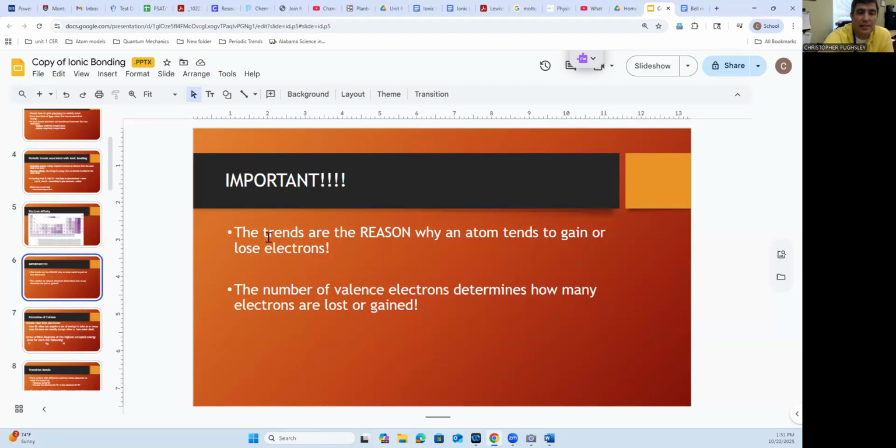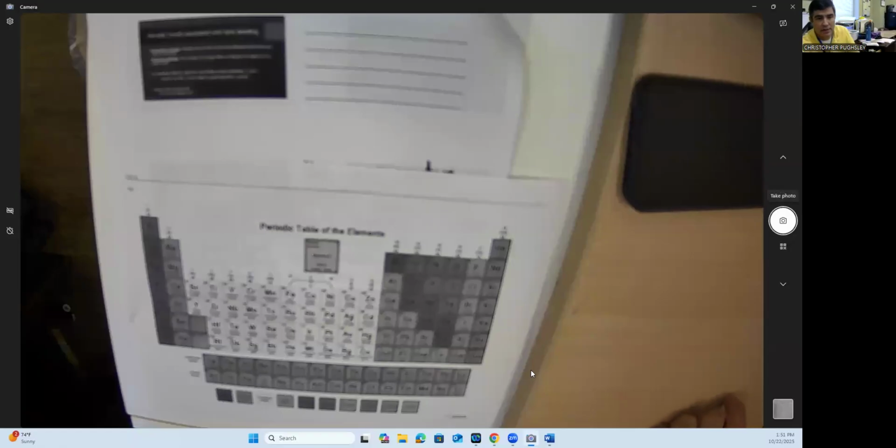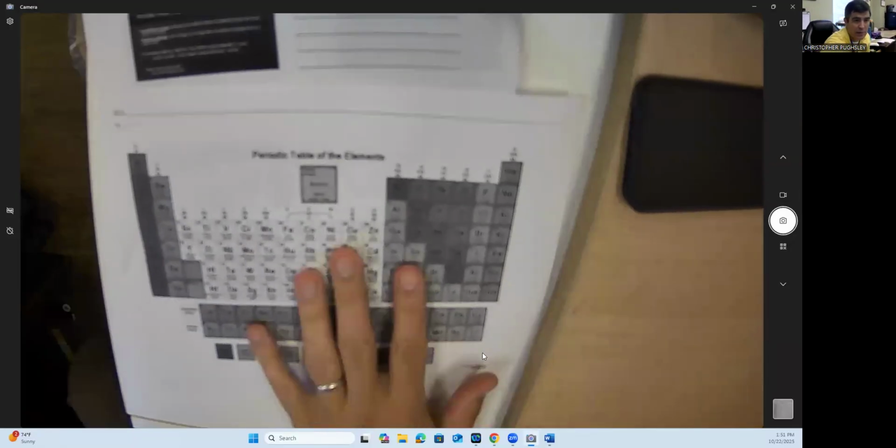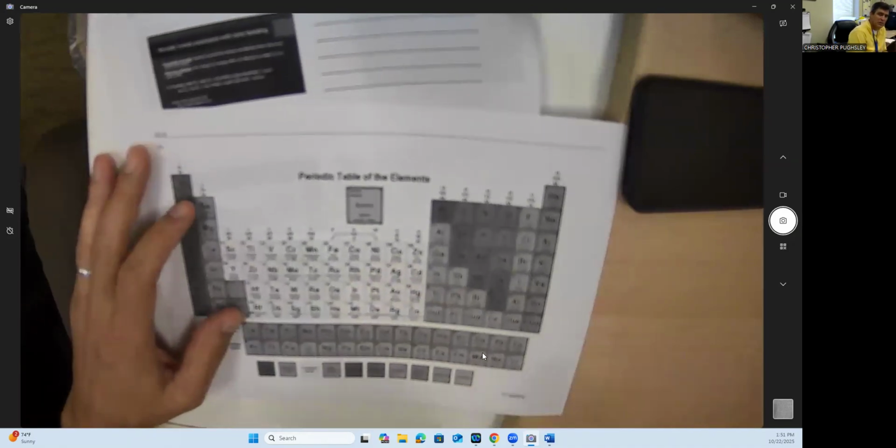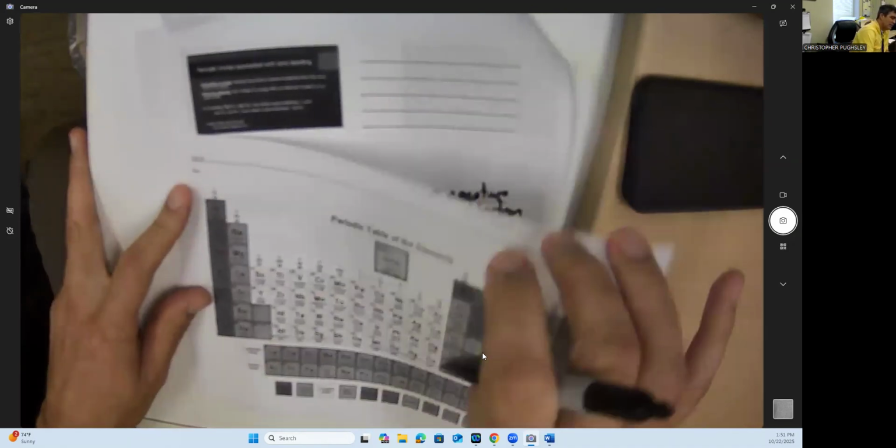So now we're going to get this periodic table out. We've kind of done this already, but we're going to make it official right now.